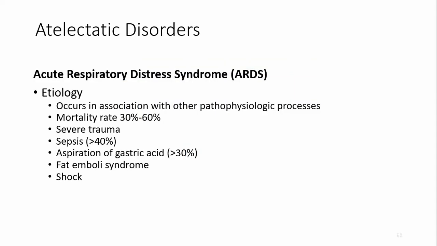Okay, so now we're going to talk about some of the things that cause lung collapse, atelectatic disorders. A big one is acute respiratory distress syndrome, otherwise known as ARDS. Now, ARDS is a fairly broad category.